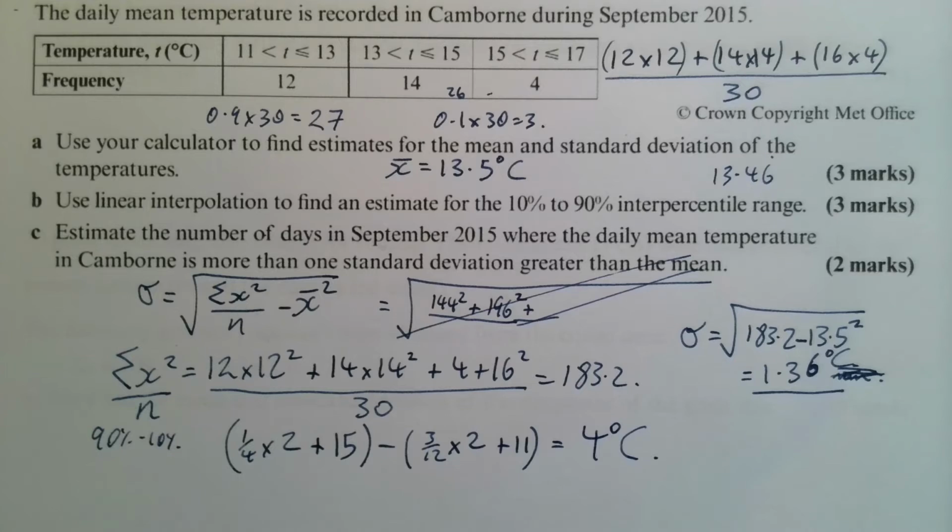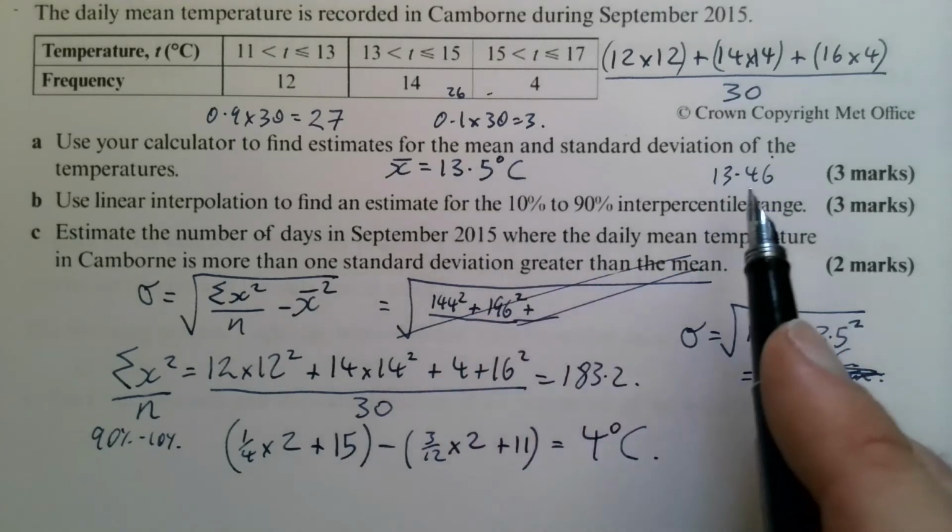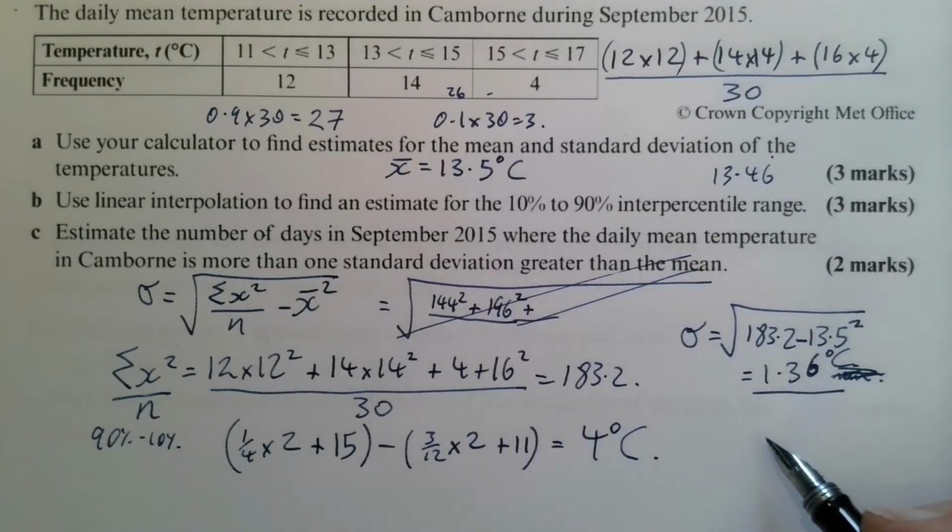And the final question here, estimate the number of days where the daily mean is more than one standard deviation greater than the mean. So first of all, we need to find out where that is. So one standard deviation greater than the mean is going to be 1.36 above the mean being 13.5.